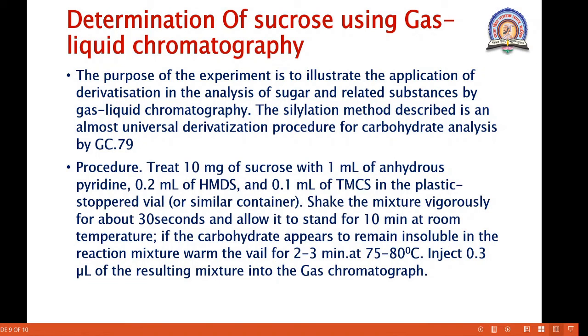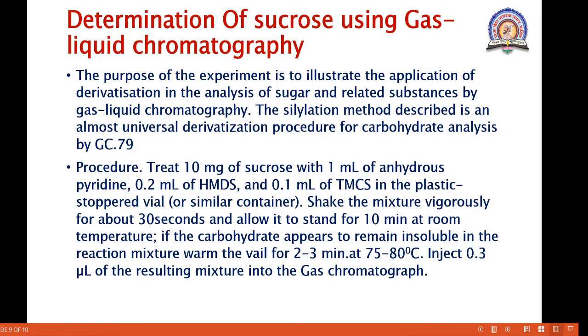The procedure is to treat 10 mg of sucrose with 1 ml of anhydrous pyridine, 0.2 ml of HMDS and 0.1 ml of TMCS in a plastic stoppered bottle. Shake the mixture vigorously for about 30 seconds and allow it to stand for 10 minutes at room temperature.